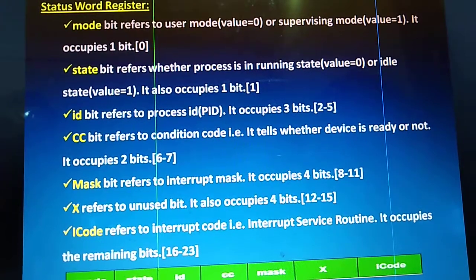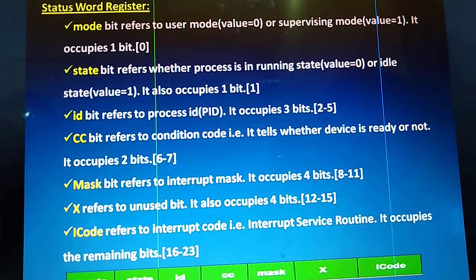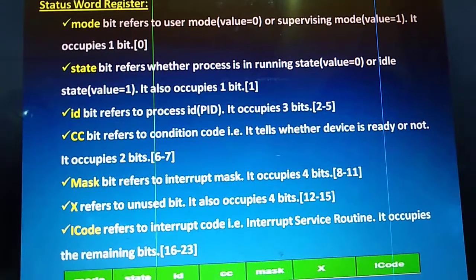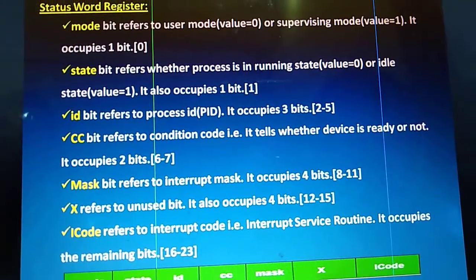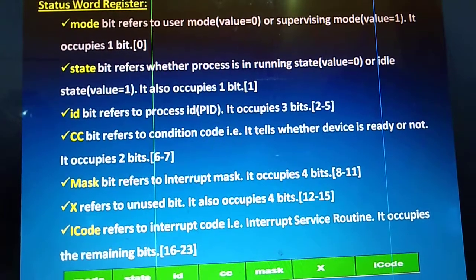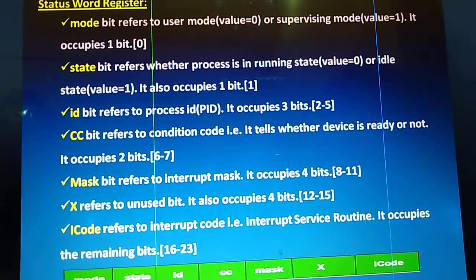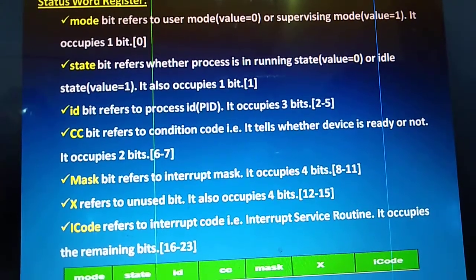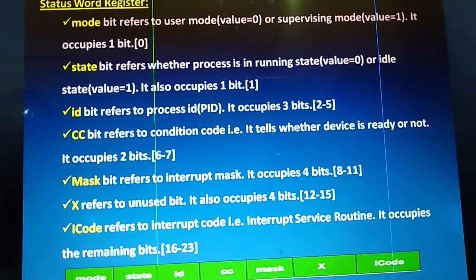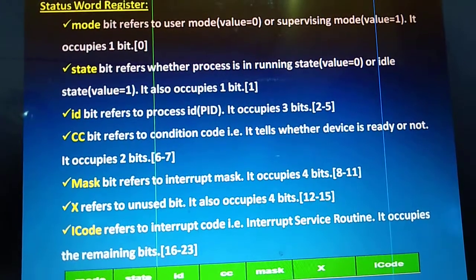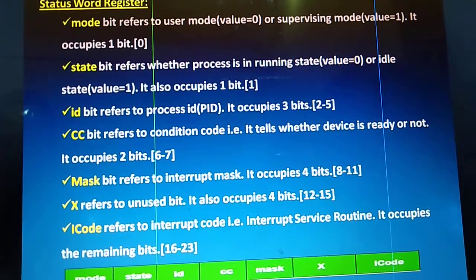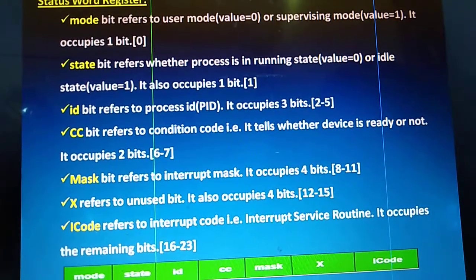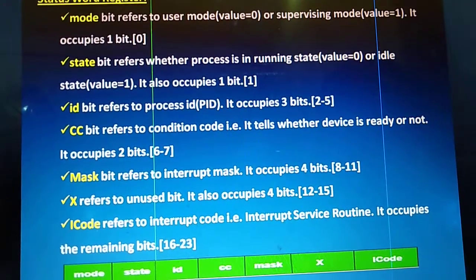It occupies 1 bit. The state bit refers to whether the process is in running state or not. If it is in running state, the value will be 0, or if it is in idle state, the value will be 1. It also occupies 1 bit.